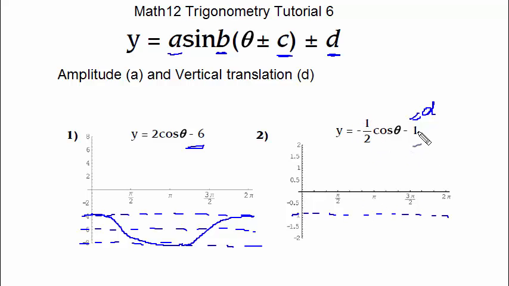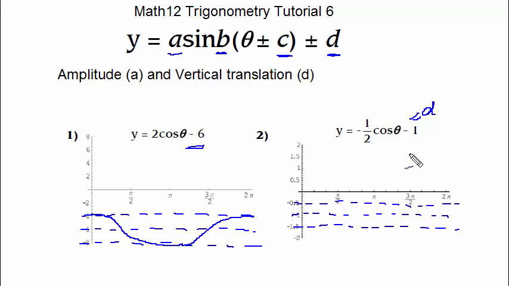The vertical translation plus the amplitude gives us the highest point, which is negative 1 plus half, which is negative 0.5, which is in here. The lowest point will be negative 1 minus 0.5, which is negative 1.5. And then we have our middle line, and the maximum and minimum, and then we can draw it.